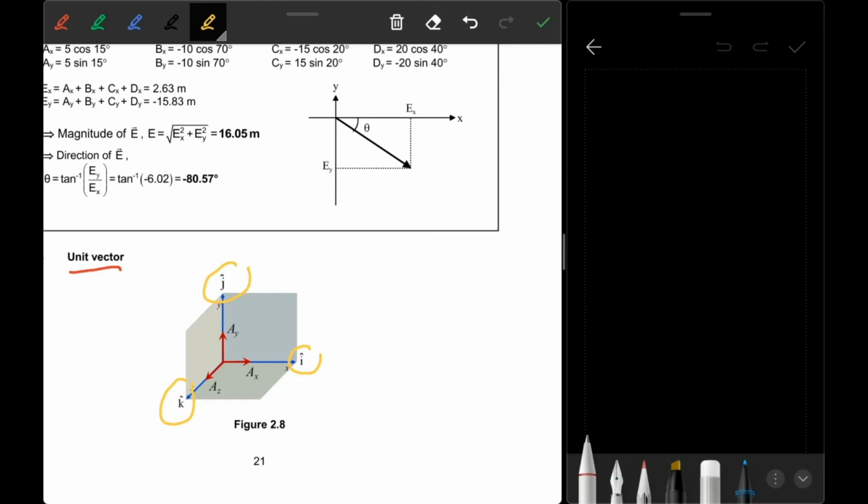Before this you learned about 2 dimension, which is x and y axis. Now the figure here shows not only x and y, but another axis k. That means this is 3 dimension. This is 2 dimension, this is 3 dimension.